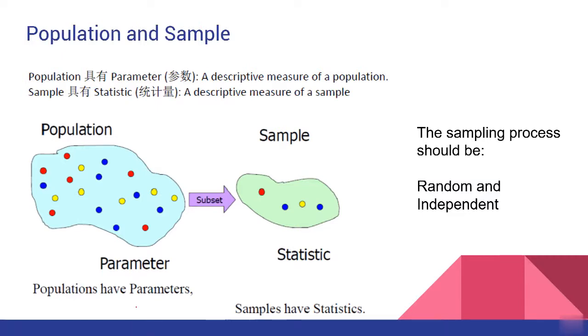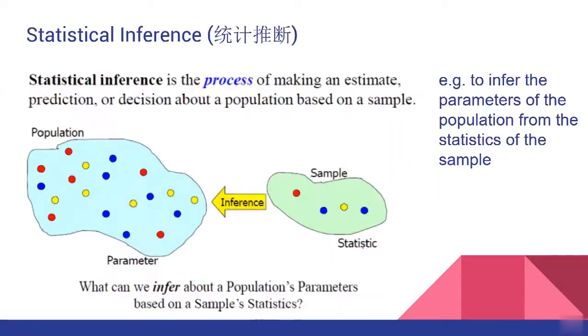So remember, parameters correspond to population, and statistics correspond to sample. They are both used to describe the characteristics of the population or the sample. Okay.